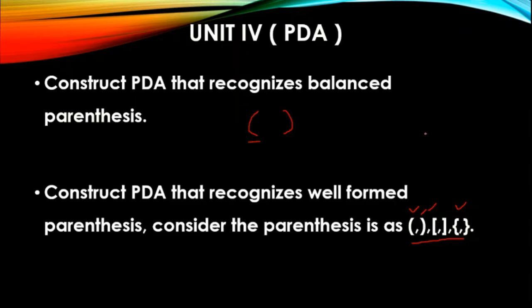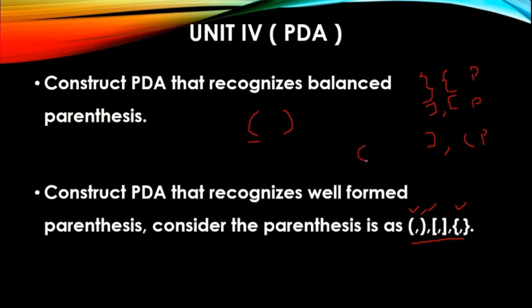So if the input is a closed parenthesis and the top of the stack is an open parenthesis, perform the pop operation. If the input is a square closed parenthesis and the top of the stack is a square open parenthesis, then also perform the pop operation. If the input is a curly brace closed and the top of the stack is a curly brace open, then also perform the pop operation.